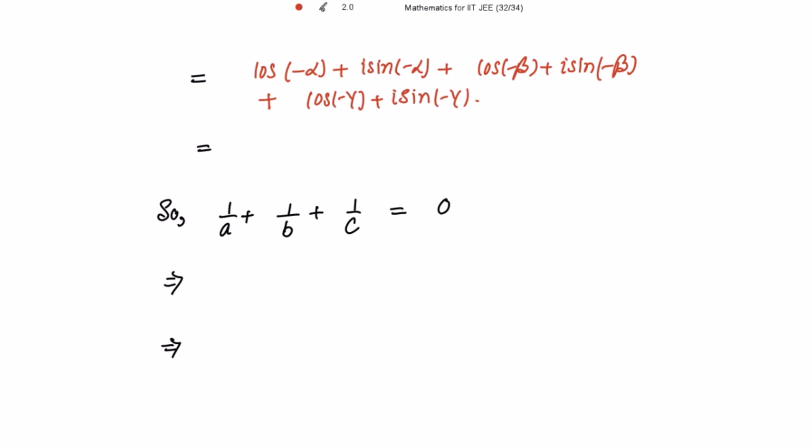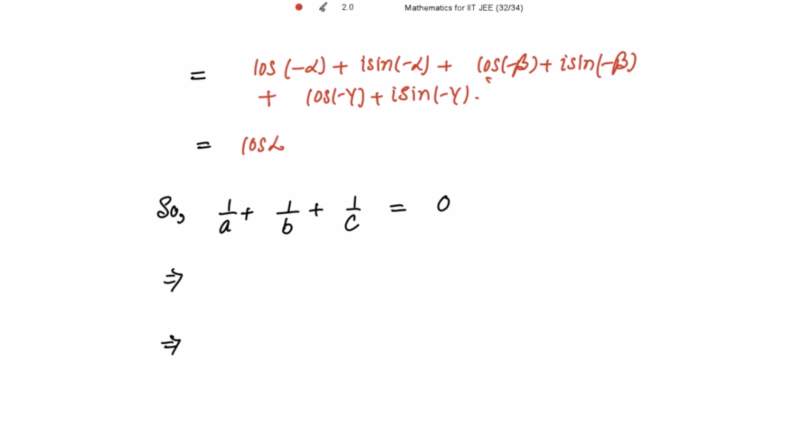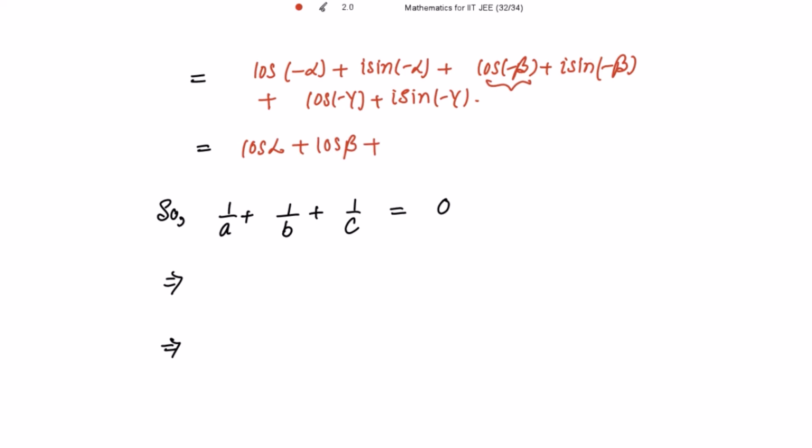Very fine. Okay. So we know that cos of negative alpha is always cos alpha. So writing this as cos alpha, from here also we get cos of beta, and from here I can write cos of gamma. Collecting all the terms of cos, and plus iota, collecting all the terms of sines.